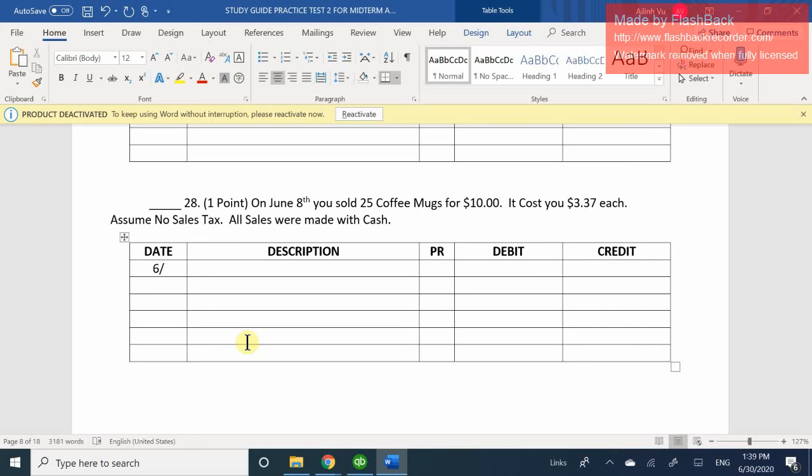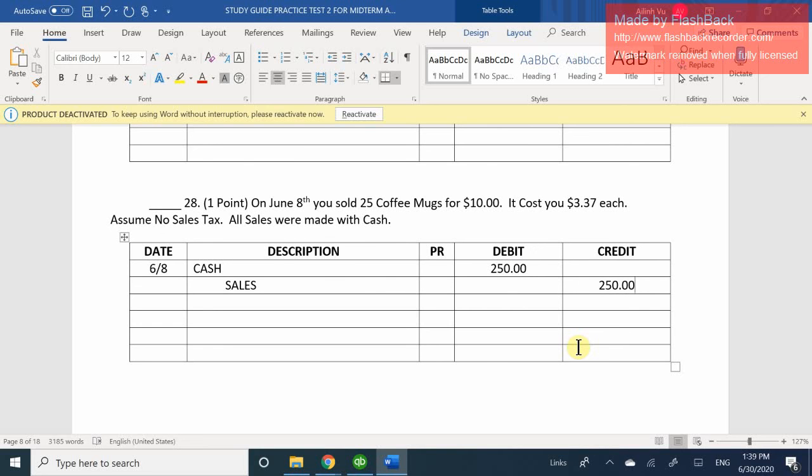Cash and sales. Good. Both for $250. $250 is correct.